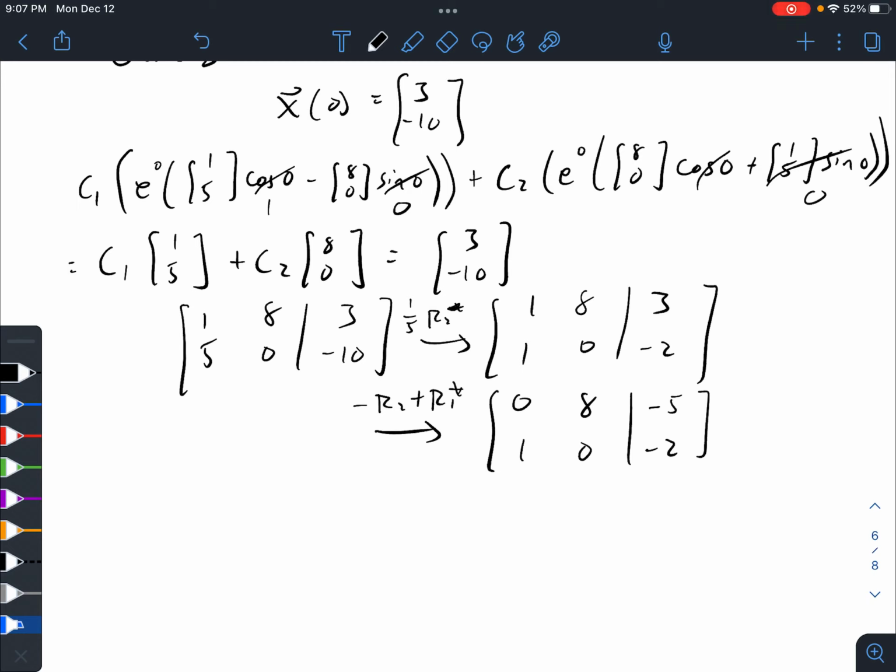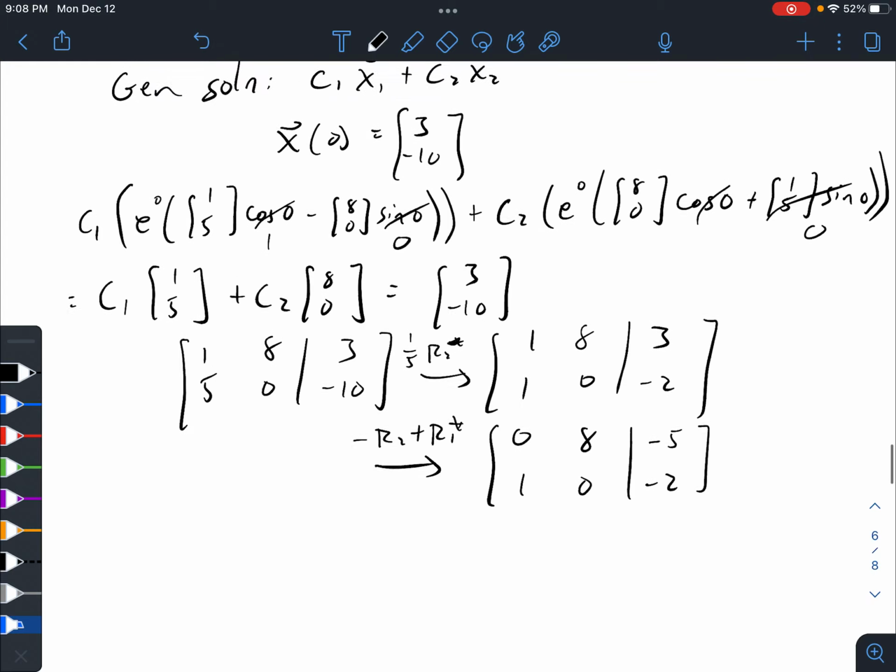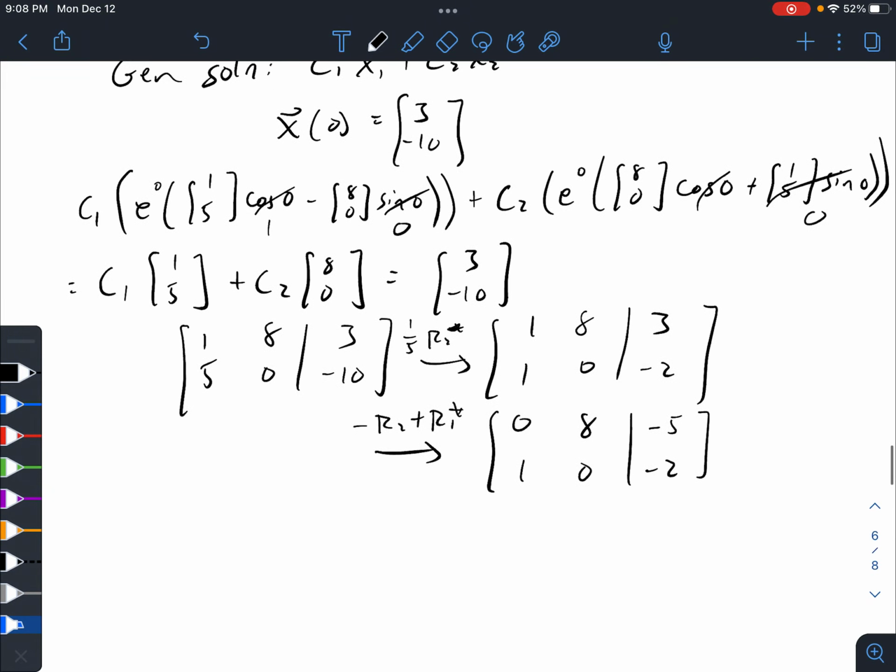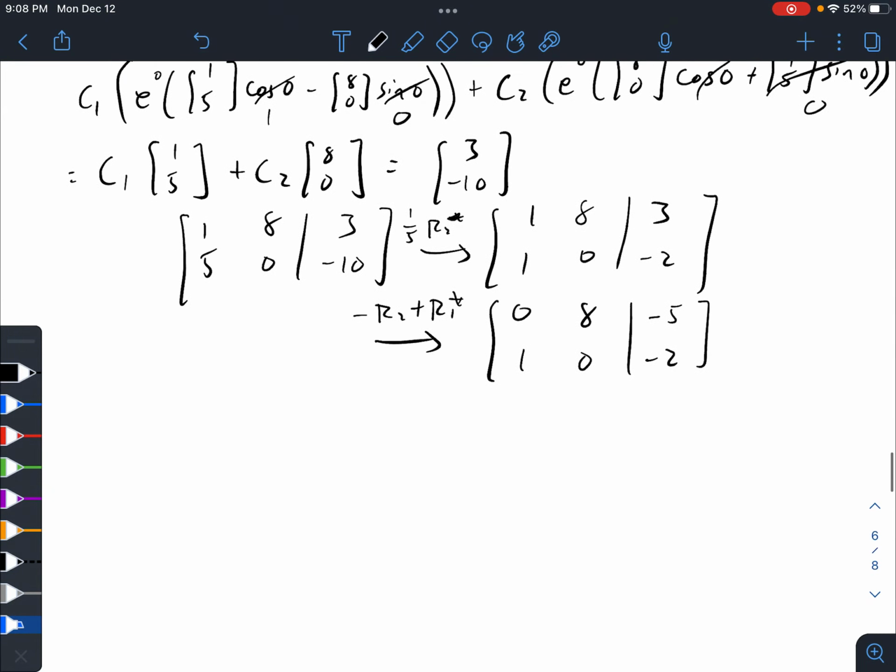Cool. All right, so this is telling me 8c2 is equal to negative 5, and then the second row is telling me that c1 is equal to negative 2. So c2 is equal to negative 5 over 8.